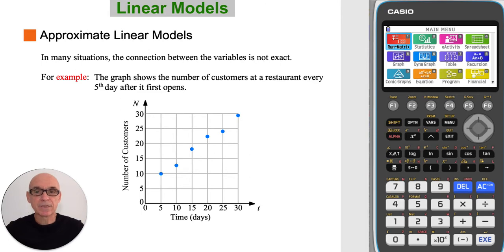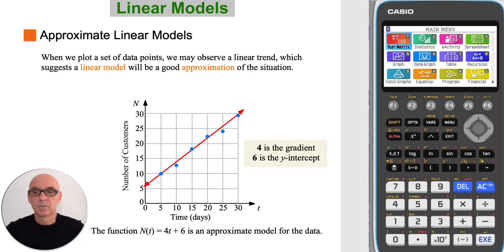In many situations, the connection between the variables is not exact. In the example shown, the graph shows the number of customers at a restaurant every fifth day after it first opens. When we plot a set of data points, we may observe a linear trend, which suggests a linear model may be a good approximation of the situation.